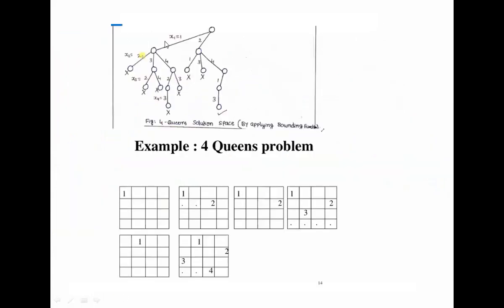So see here, just see this graph, x1 equal to 1. I place the first queen in one position, first column. Then I want to place Q2 in second column.